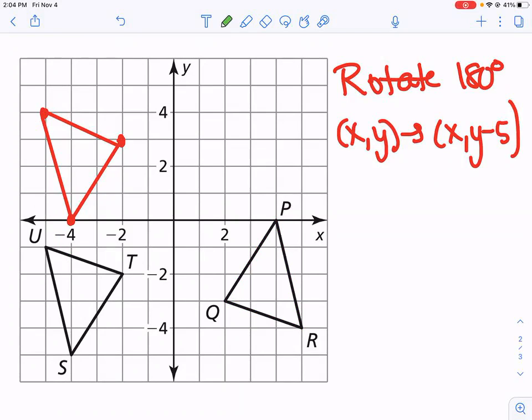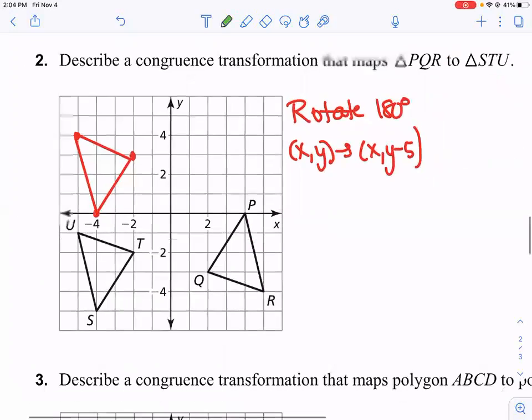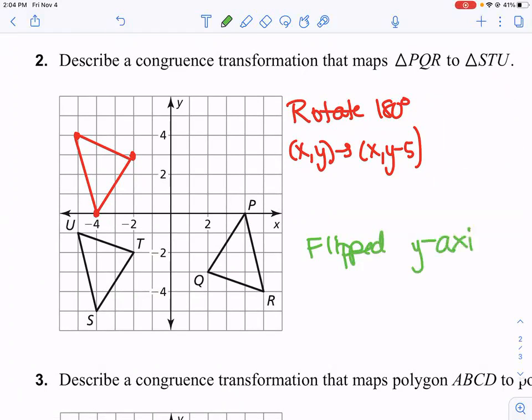Layla, I can't hear Layla. Stop. What if you... and then reflect across y equals what? This is very interesting.